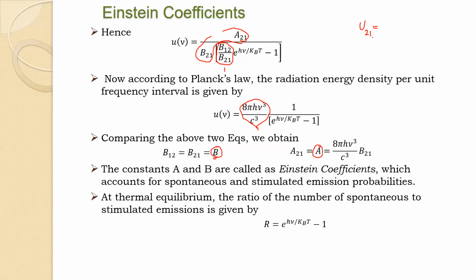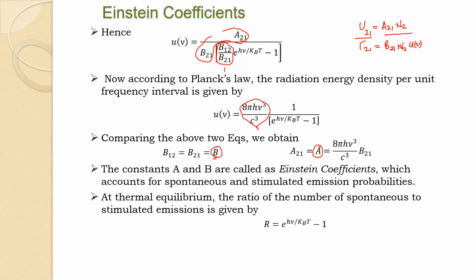Okay, the number of stimulated emissions is equal to B21 into N2 into u of nu. Then the ratio of these quantities is what?